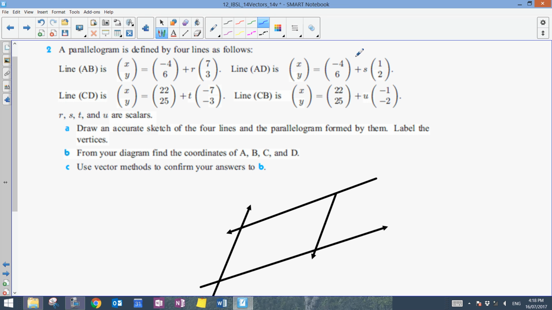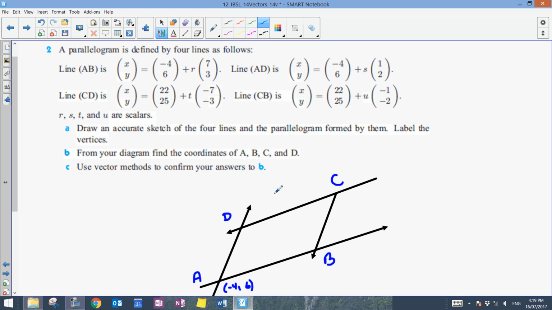One goes toward B, the other toward D. If A is at -4, 6, we travel 7 units right, 3 units up for one, and 1 unit right, 2 units up for the other. So this is going to be D, and this is going to be B, which would make this one C.